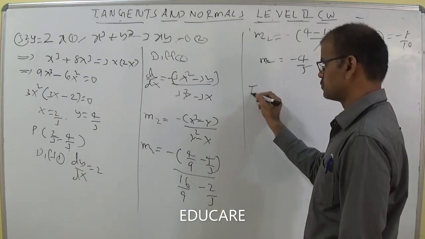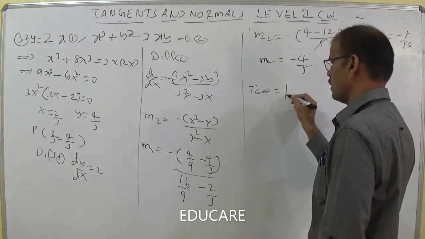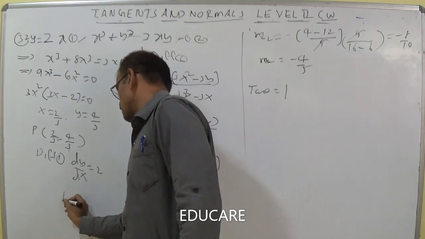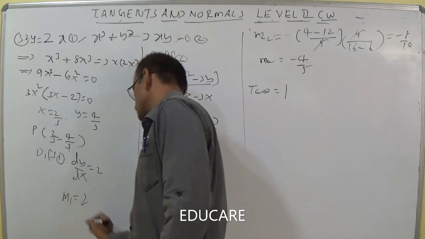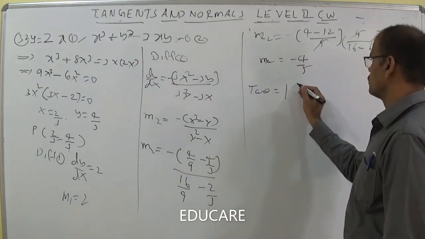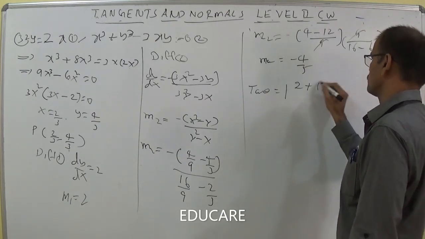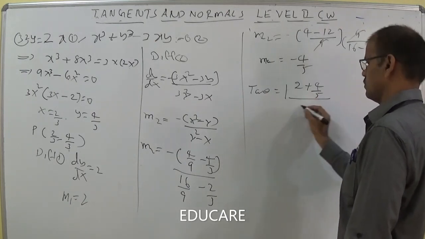Now using the formula, tan theta is equal to M1 minus M2 by 1 plus M1 M2.